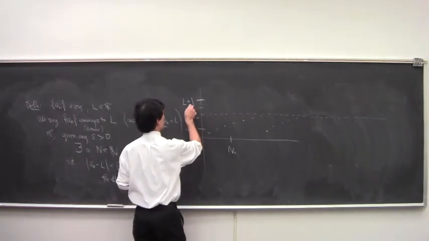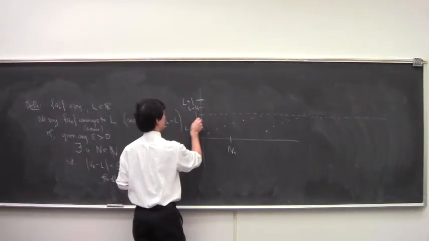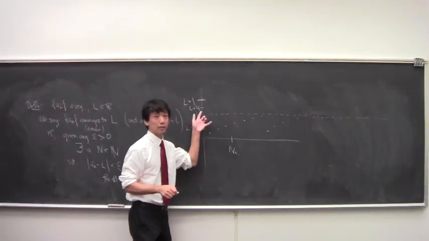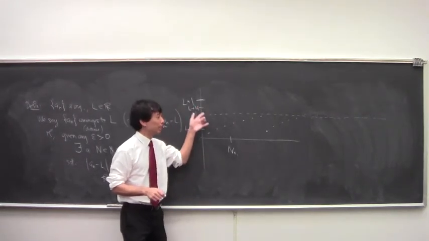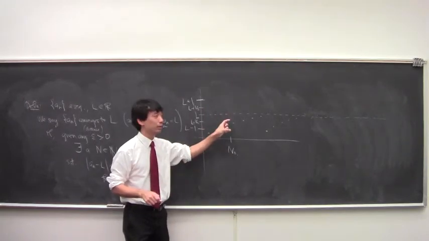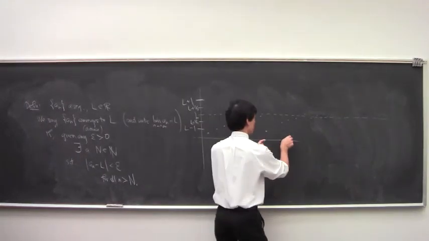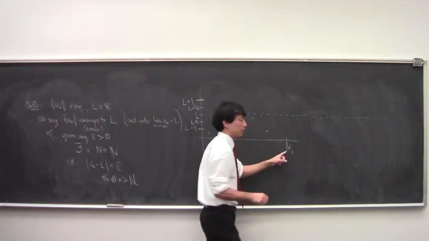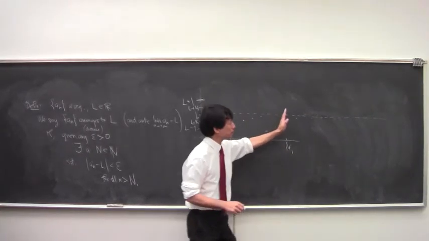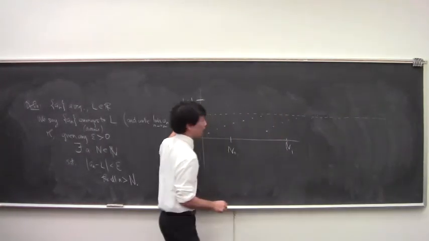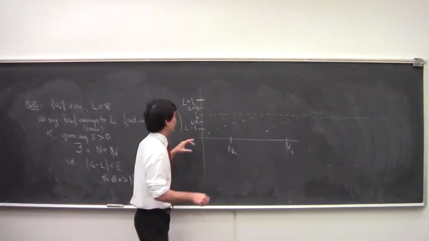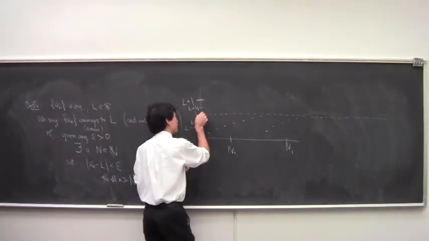Now suppose I take another distance, a half. Can you find a time past which everybody stays within a half of L? You'd say, oh yeah, if I take this as my time, past this time everybody stays within a half of L. And if I take this tiny tolerance, L plus 0.001 and L minus 0.001?